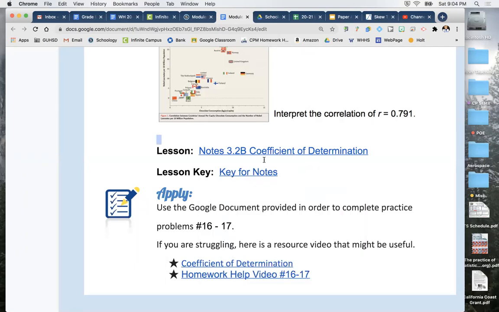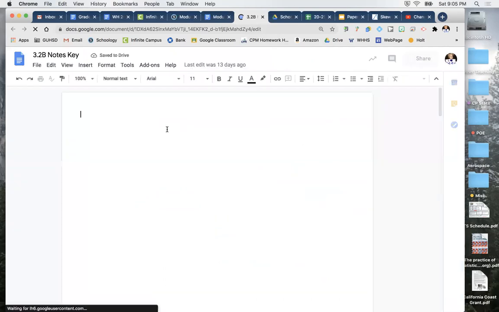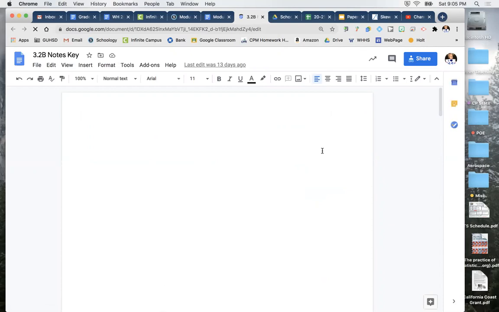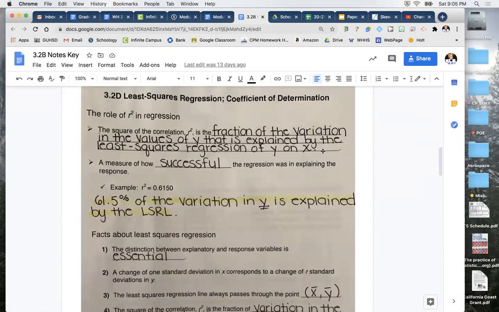Getting into the actual notes for today. Now let's talk about the correlation coefficient, because it is related to R squared. Here, R squared is what we call our coefficient of determination.